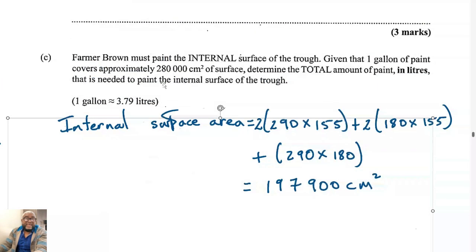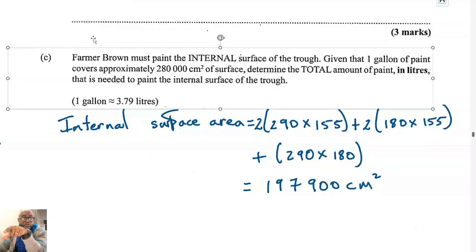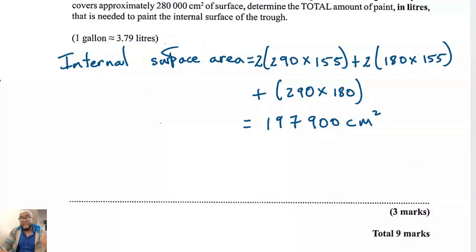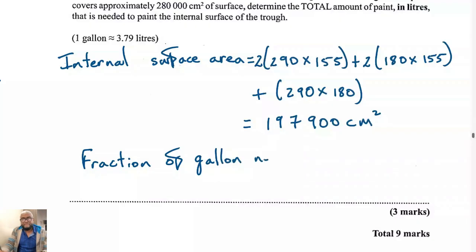Now, they said that 1 gallon of paint covers this. So would 1 gallon be too much? If a gallon of paint will cover 280,000, 1 gallon will be too much because I only need to cover 197,900. So, in order to find out what fraction of a gallon I need, I'll put fraction of gallon needed.